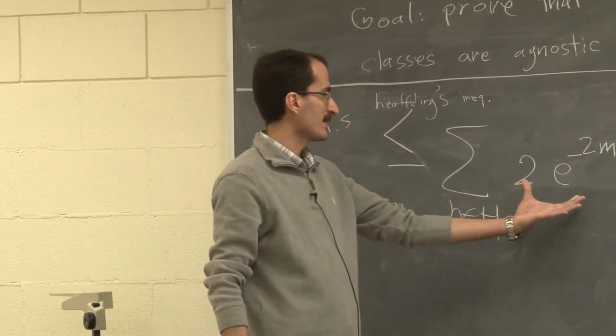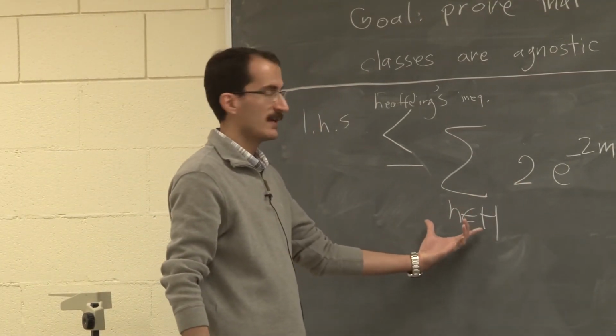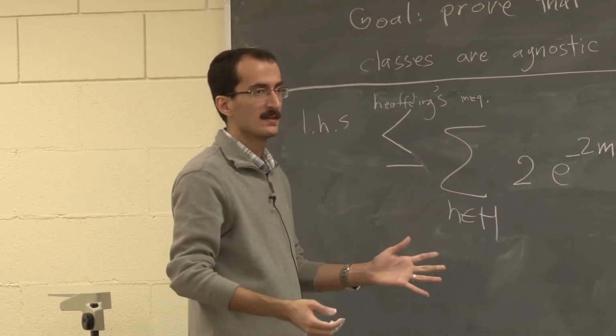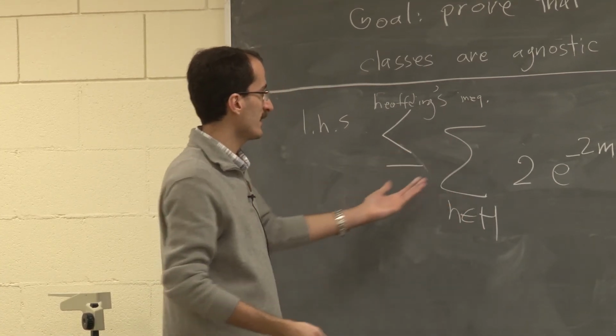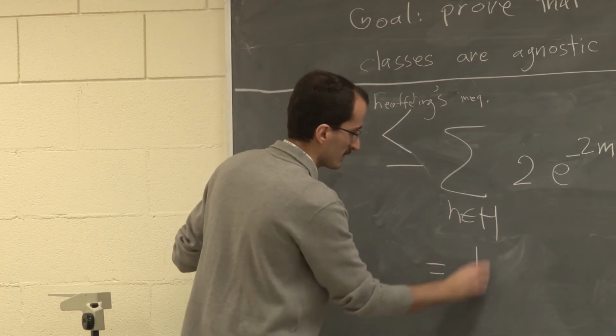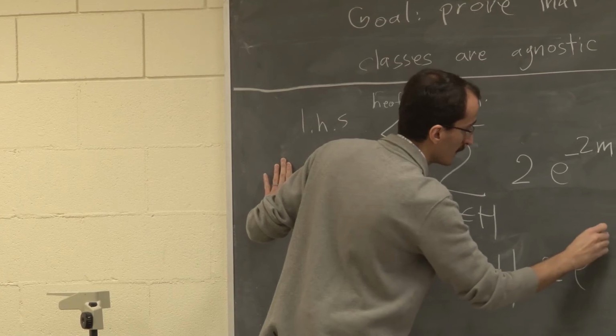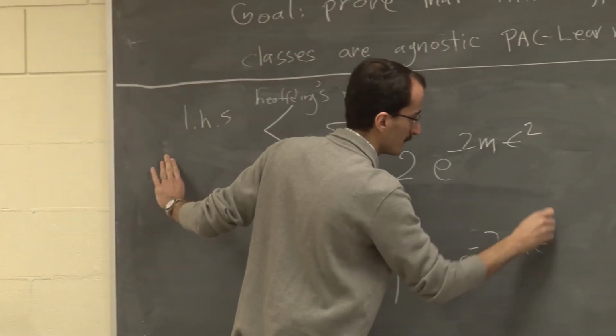So it's a constant thing. It doesn't depend on h anymore. So it's just a sum of the same things. How many things do I have here? It's just the size of H times 2 e to the minus 2m epsilon squared.